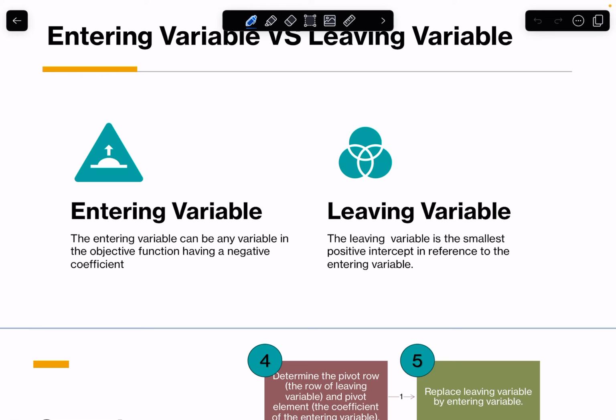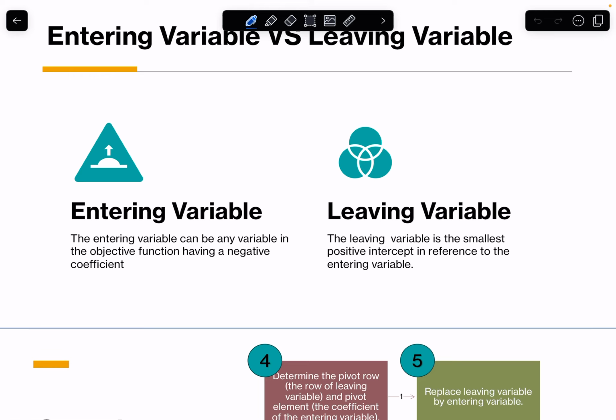The most negative coefficient is what we are going to consider as the entering variable. So the variable in the objective function with the most negative coefficient is considered to be the entering variable. So we get that one on the row.